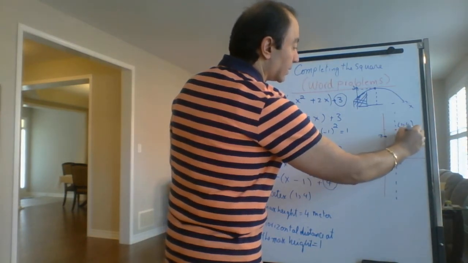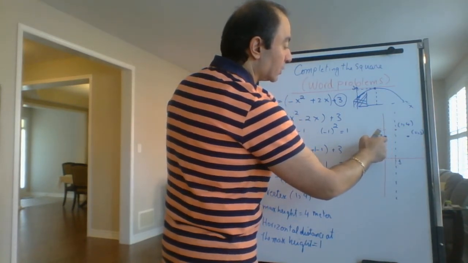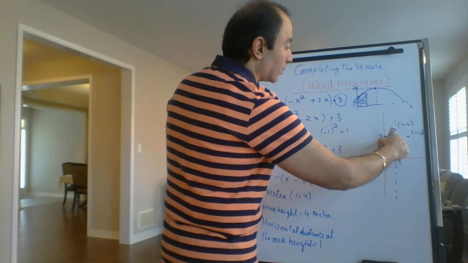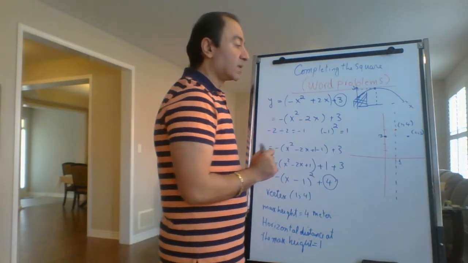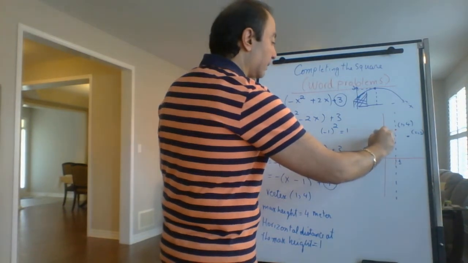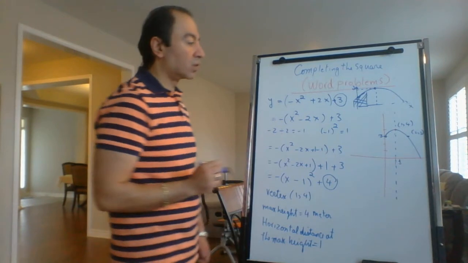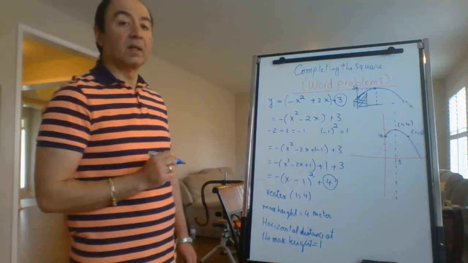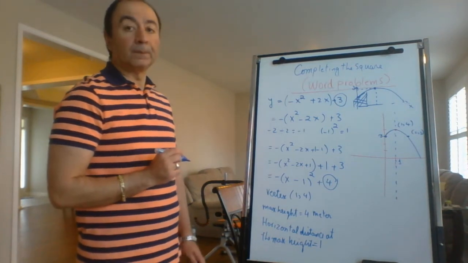How did I know that? Because of symmetry. This one is 1 to the left, so there is another one to the right at the same height because of the symmetry. Okay? Now we can sketch the graph that represents the path of this ball.